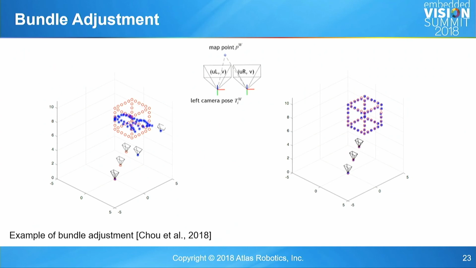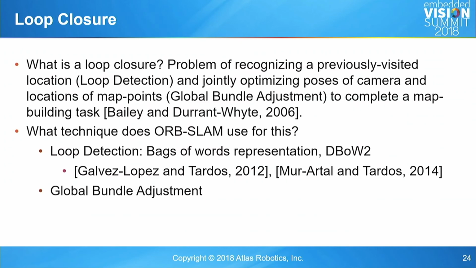This is another example of bundle adjustment, from one of the latest papers we published. If you do bundle adjustment with all the measurements, you can get a pretty decent output. Here, the red dot is the ground truth, the blue dot is the initialization on the left, and the right side is the output.